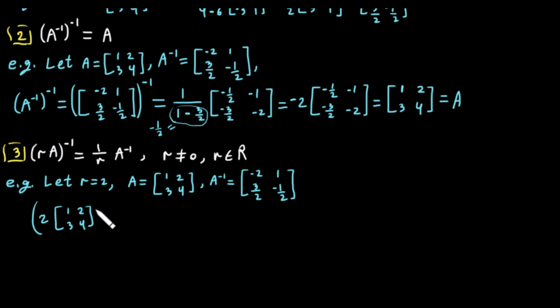If I want to take the inverse of the whole thing, equal, this scalar will go down, so it will be 1 over 2, and the inverse of this will be here. So you can see here this number 2 is like power -1, so it will go down.